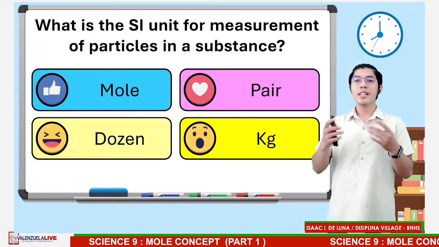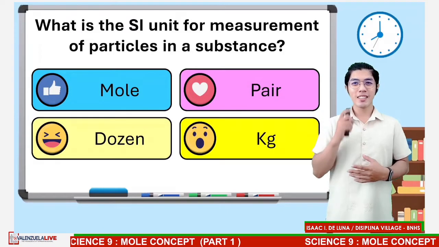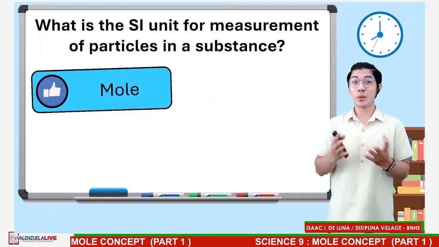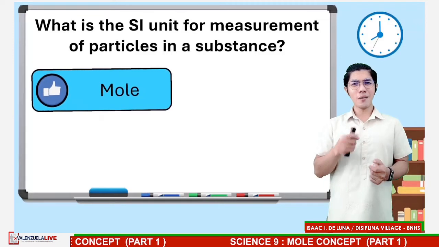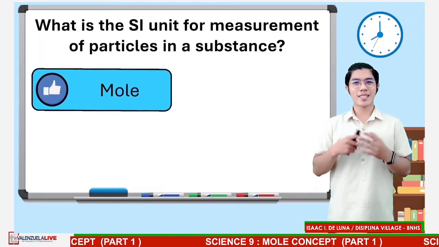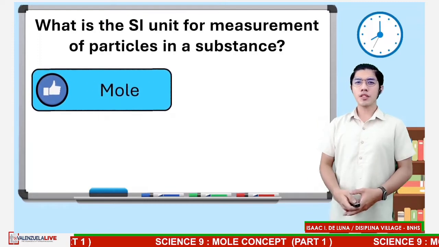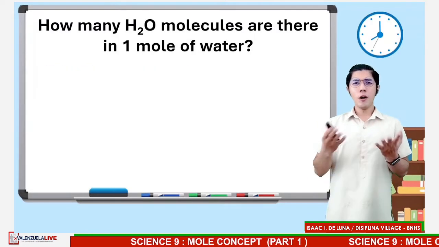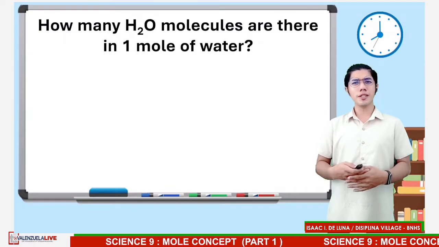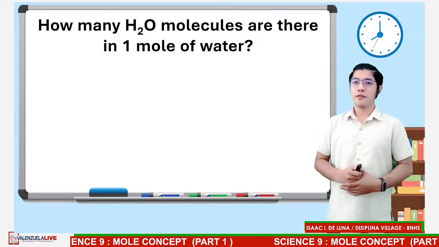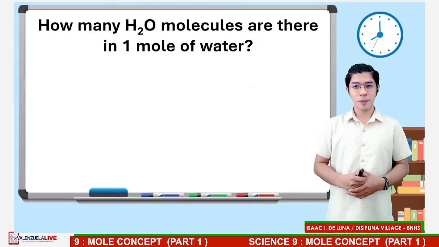Time's up. The correct answer is mole. Well done, students. That was a great start. Let's now go to the next question. Question number 2. How many H2O molecules are there in 1 mole of water? You have 5 seconds to key in your answer.